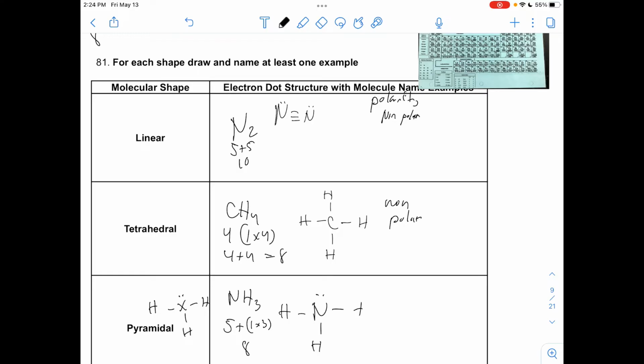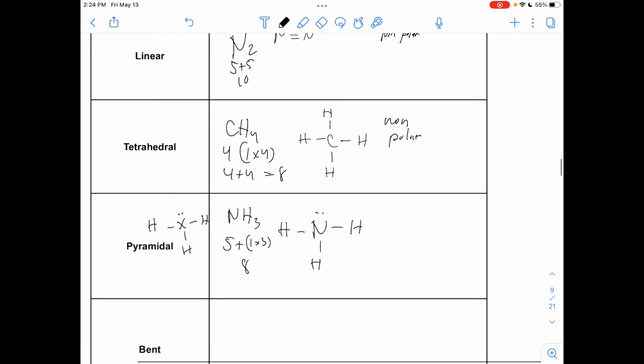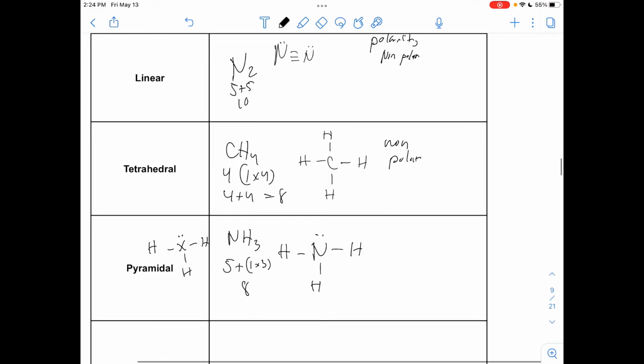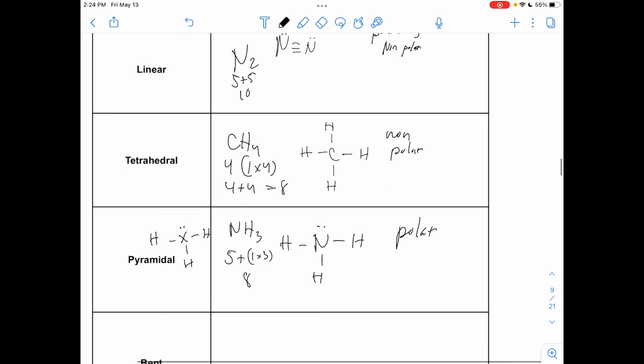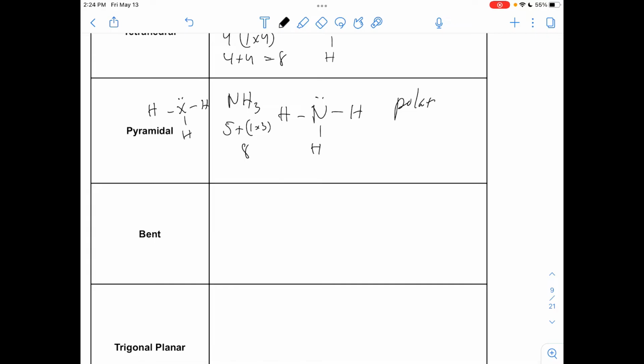Okay, so that's 8. So that matches, so that's my Lewis dot structure. And notice since it has a lone pair on the central atom right there, it is going to be polar.